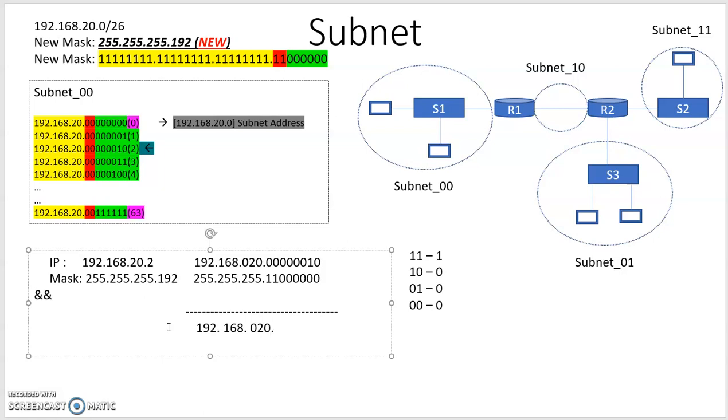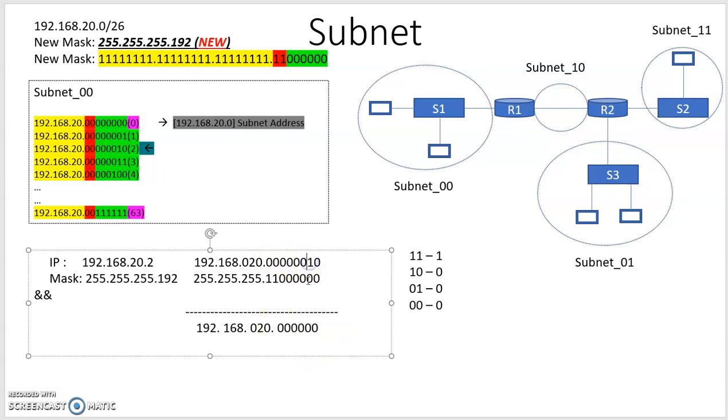So if you look at this, what do you get? If you perform a binary AND operation with 0 and 1, it's 0. 0 and 1, 0. 0 and 0, 0, and so on.